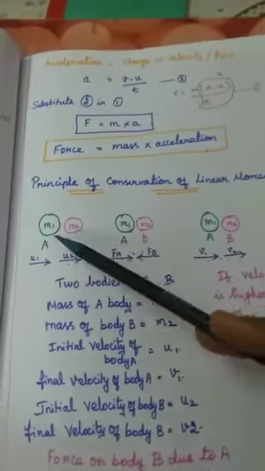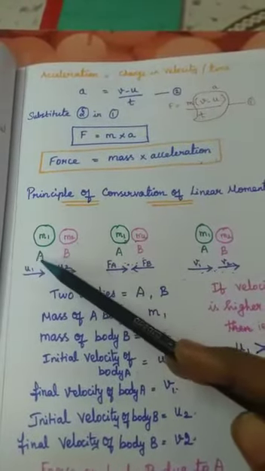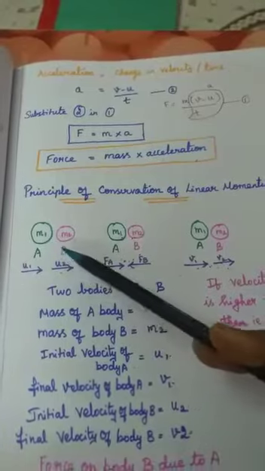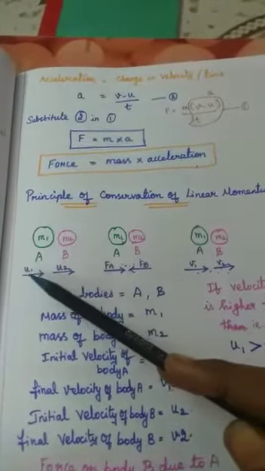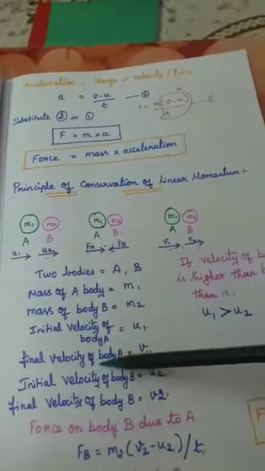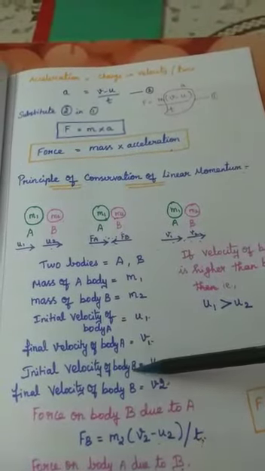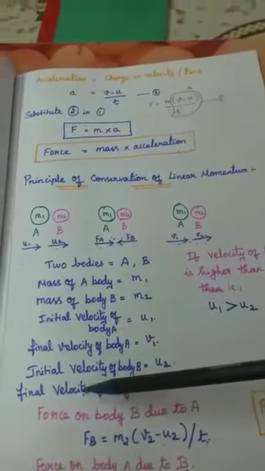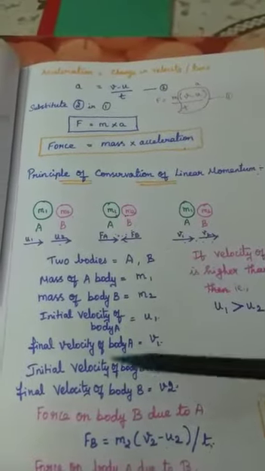Let us consider two bodies A and B. The mass of body A is m1 and the mass of body B is m2. The initial velocity of body A is u1 and the final velocity of body A is v1, and the initial velocity of body B is u2 and the final velocity of body B is v2.